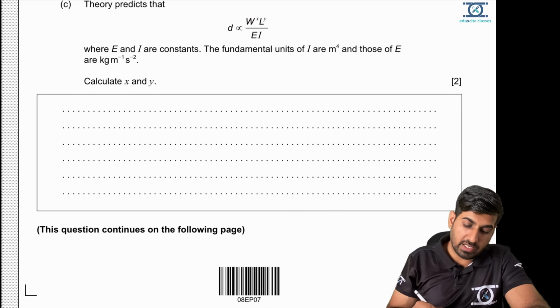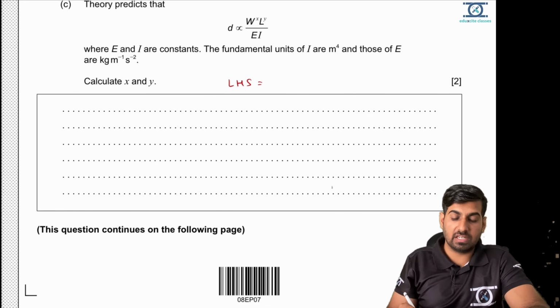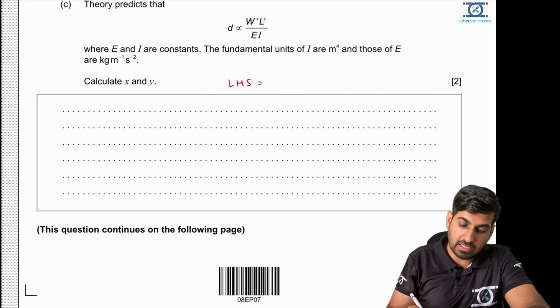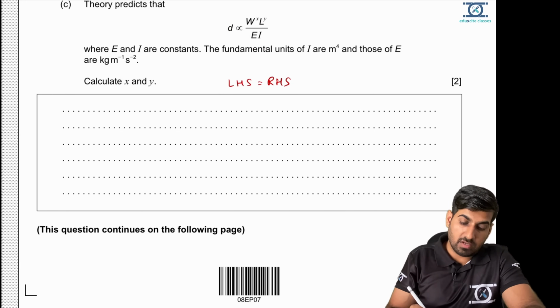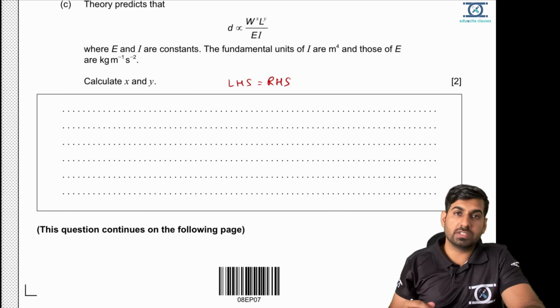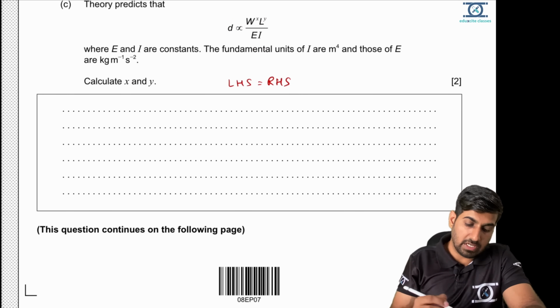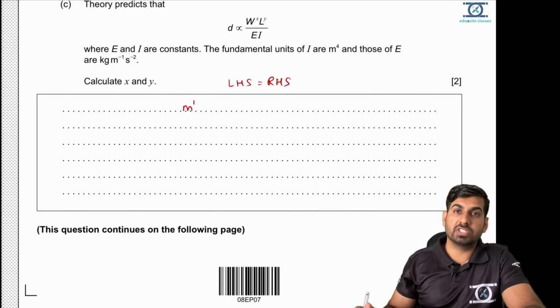In such a case we have to use dimensional analysis, which suggests that the dimension on the left hand side of the equation must be equal to the right hand side. Right, now it is a proportional sign, so we equate the powers, because there might be a certain constant which will not affect our results. So on the left hand side it is meter raised to power 1 because it is deflection, and deflection is a measurement of length.